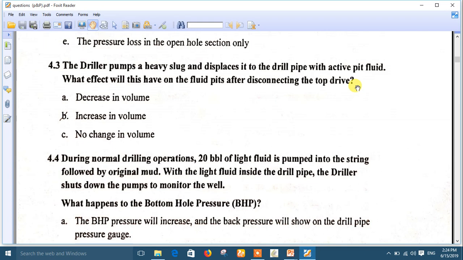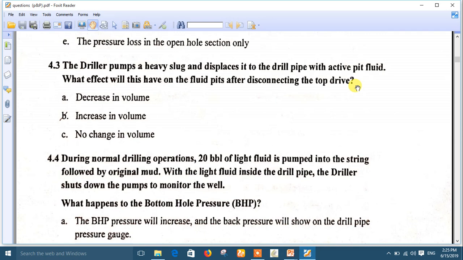So there is equality. But once you disconnect the top drive, the pressure in the annulus must be the same as in the drill string. So a U-tube occurs. But 20 barrels is much heavier than the other mud, so its level in the drill string will become lower, and you could pull out of the hole dry.